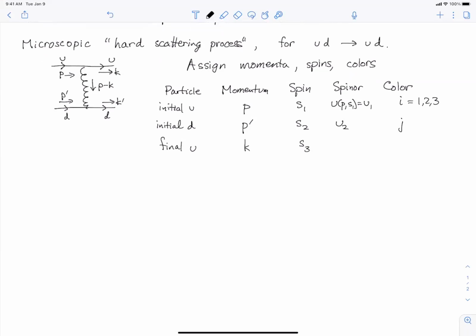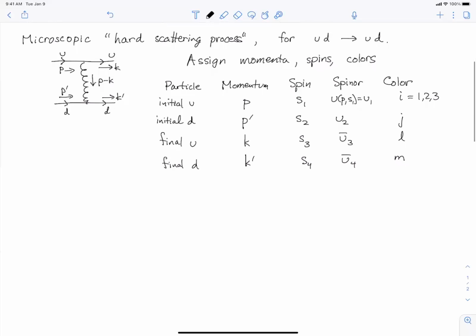Its spinor is going to be u bar 3, and its color will be l. And then there's the final down quark, K prime, with spin S4, spinor u bar 4, and yet another color, m. So the colors can all be completely independently different in general.